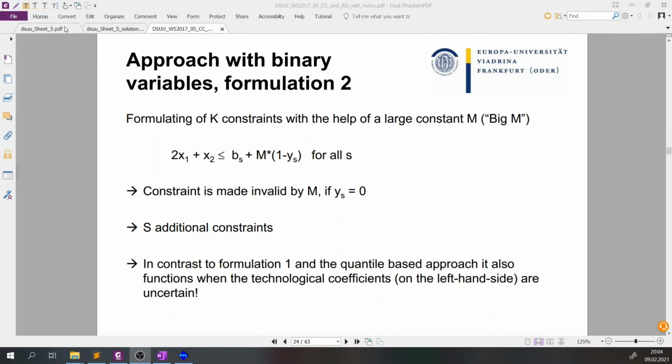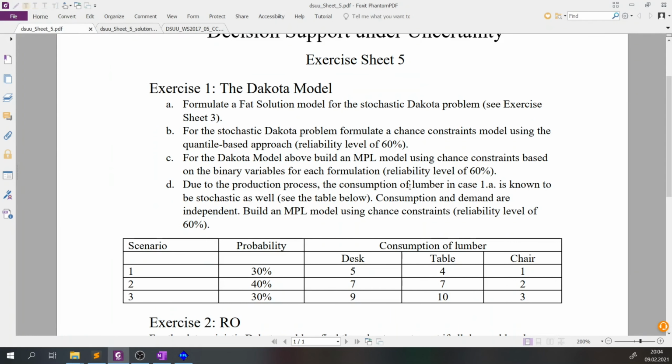And to analyze this situation, we are provided here the bullet point D, which is the extension to the previous Dakota model.